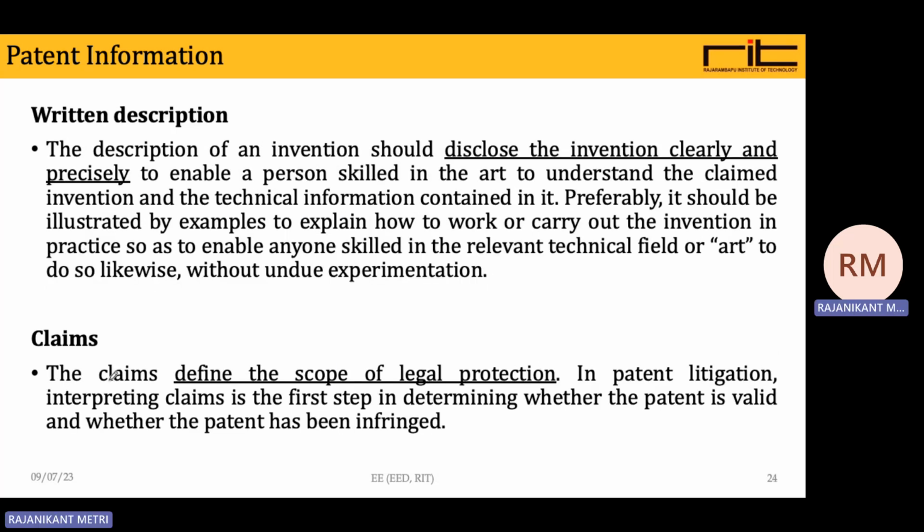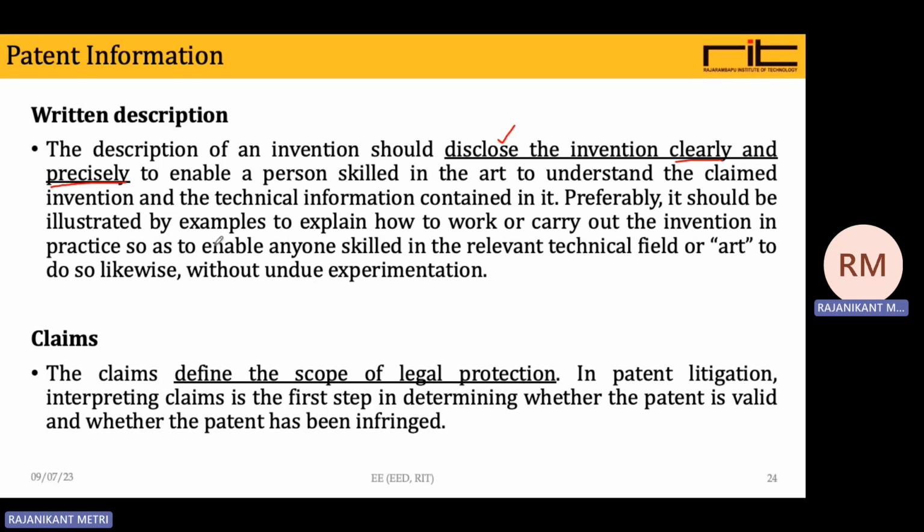Then there is a section, the written description, in which the description of an invention should disclose the invention clearly and precisely. So however the invention is carried out, it should be clearly and precisely explained in the written description to enable a person skilled in the art to understand and claim the invention and technical information contained in it.